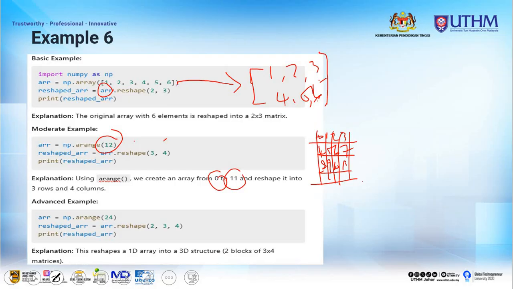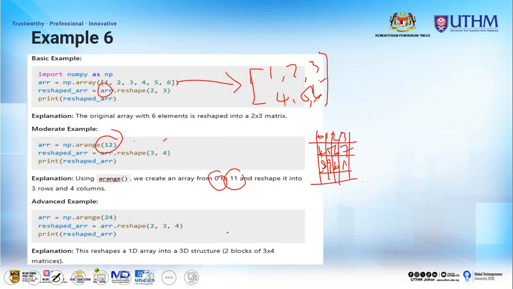Okay, next, the last example here: arange 24 with reshape 2, 3, 4. This reshapes a one-dimensional array into a 3-dimensional structure, 2 blocks of 3 by 4 matrix.